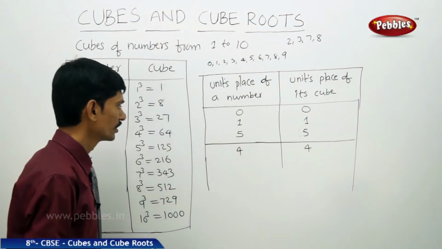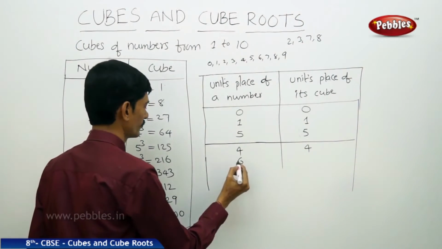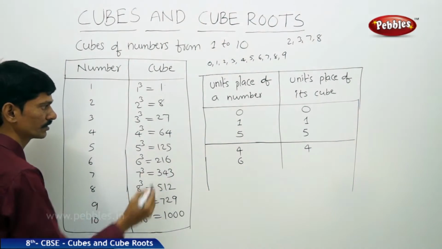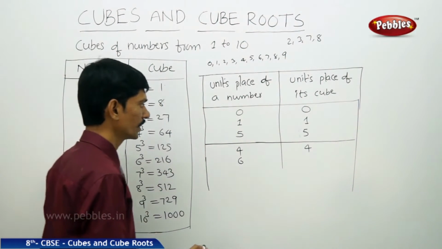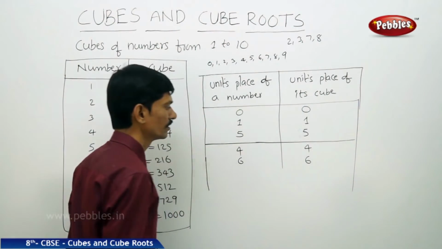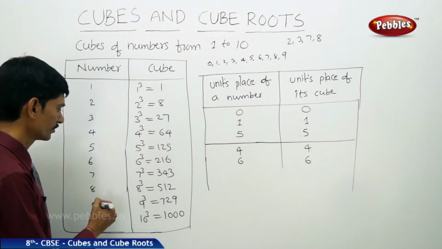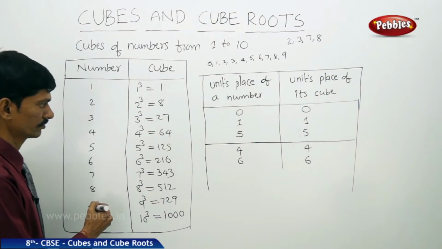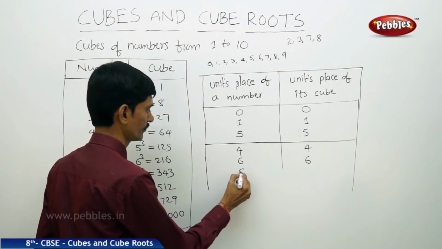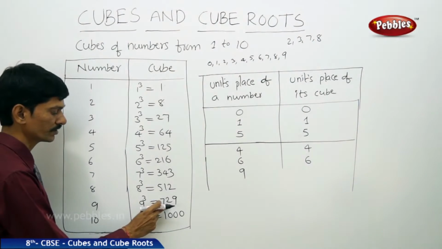Next, if the given number ends with 6, then what about its cube? 6 cube is 216, so its cube ends with again 6. Now if the given number ends with 9, then what about its cube? Its cube also ends with 9.